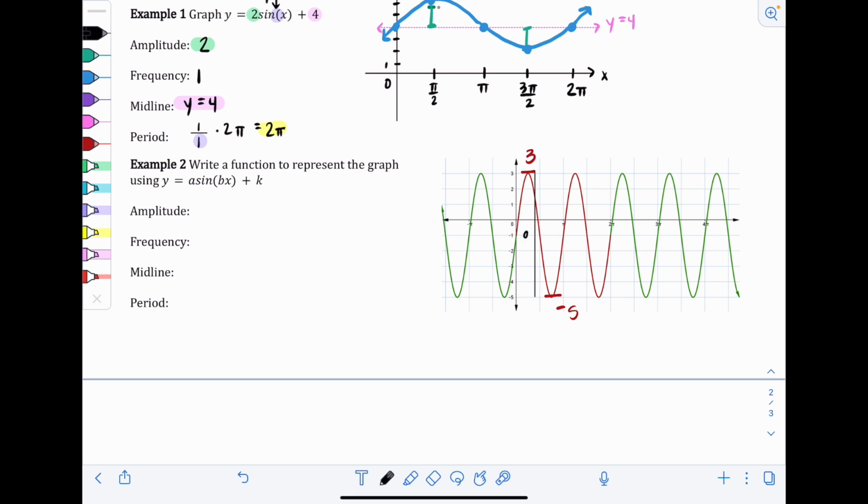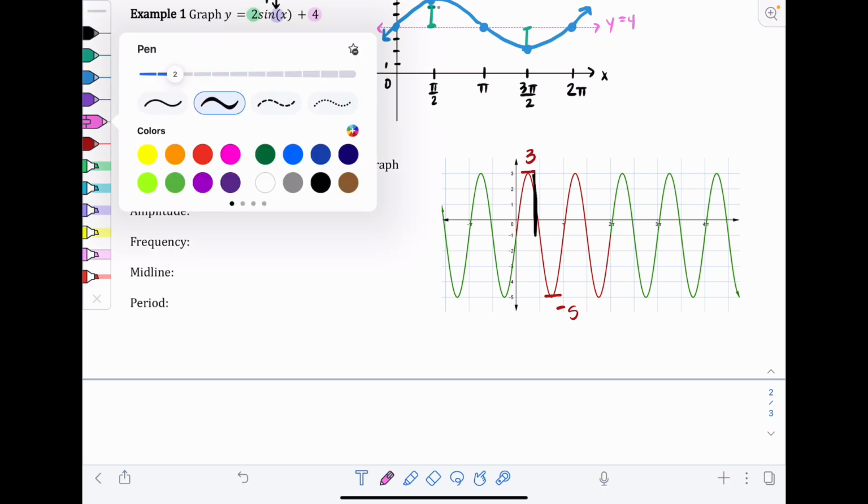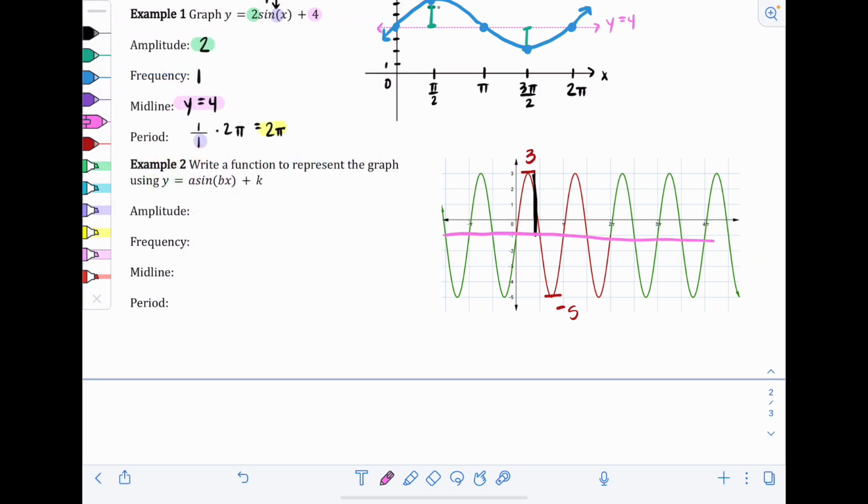That means the halfway point is going to be 4 units down, so that would be at y equals -1, right here. So y equals -1 for the midline. And again, it's just the average of the max and the min, so you could also find it by adding the max and the min and dividing by 2, and that would end up being -1 as well.